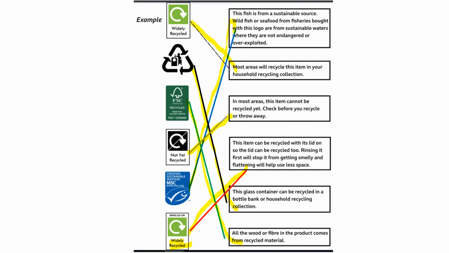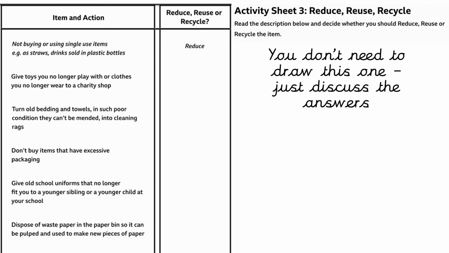And then the last activity sheet, which was on the video, was this one. Again, you don't need to draw this one out. What you could do is just write your answers. So for the first one, it's done it for you, reduce. So for the second one, you could write number 2, and your answers are going to either be reduce, reuse, or recycle. So if I put numbers down the side, number 1 has been done for you.